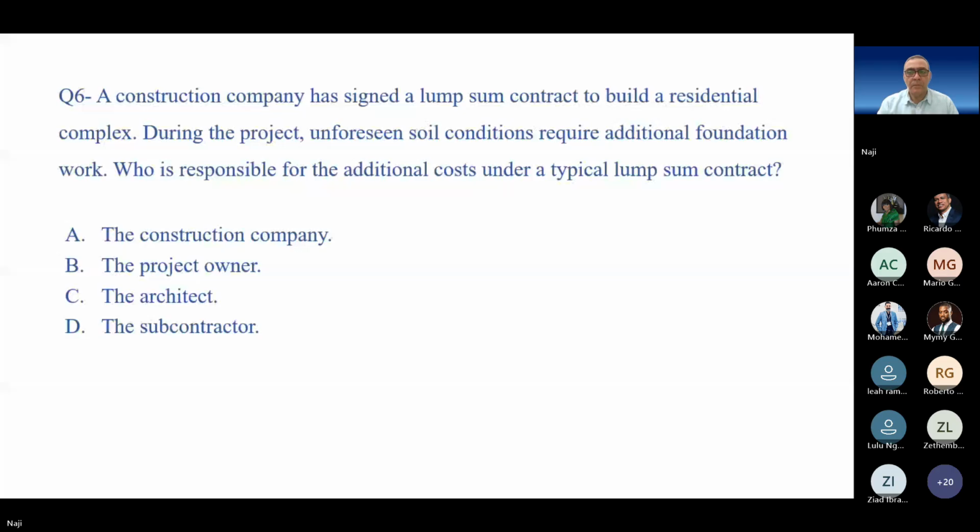I just want us to review it from my perspective. You said it's unforeseen, meaning nobody would have known, so it could be maybe 3 meters down the ground or whatever. But if it's unforeseen, it could be force majeure.